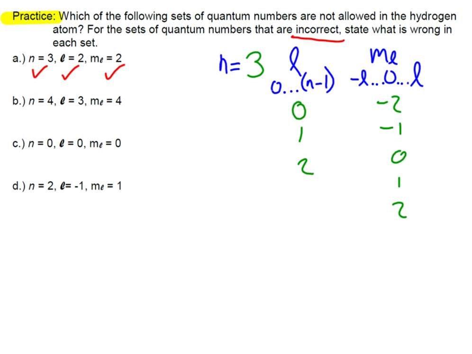So this A is a valid set of quantum numbers. Go ahead and pause the video here and solve for B, C, and D, and then press play to hear my answers.